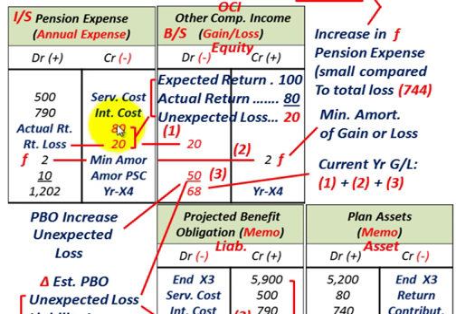Our actual return is $80,000. Expected return total amount here would have been $100,000, $80,000 plus the $20,000. But the loss here would credit or reduce our pension expense here. Doesn't make sense here, but if you look at the other comprehensive income, you would debit or reduce your other comprehensive income by that amount here for that loss, then it makes sense.